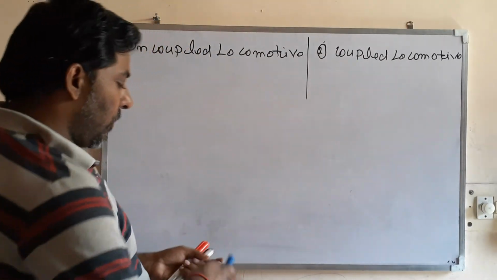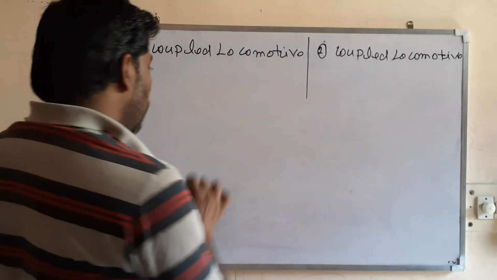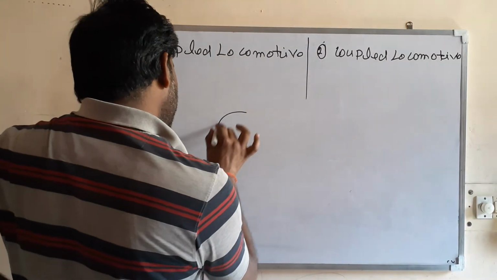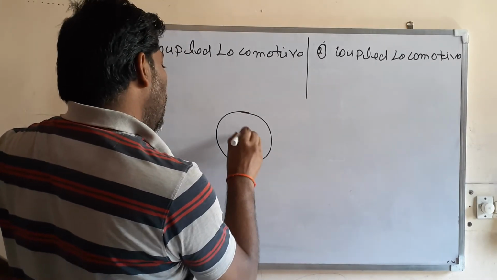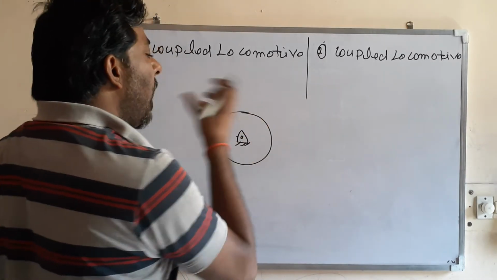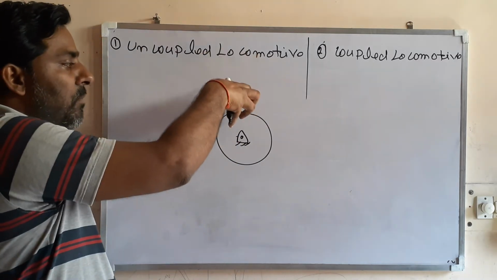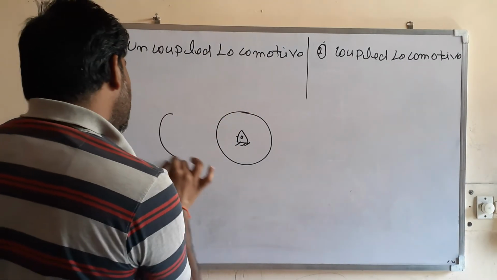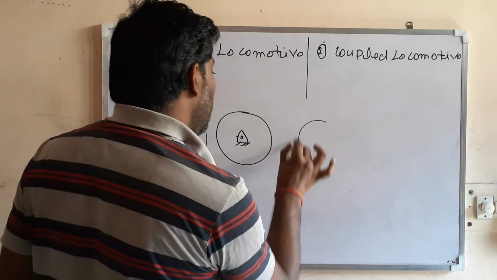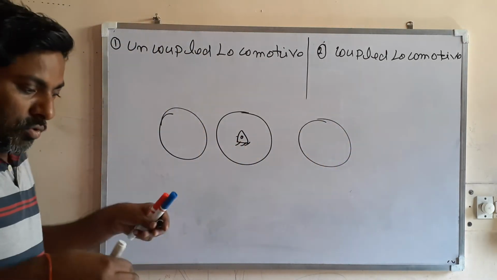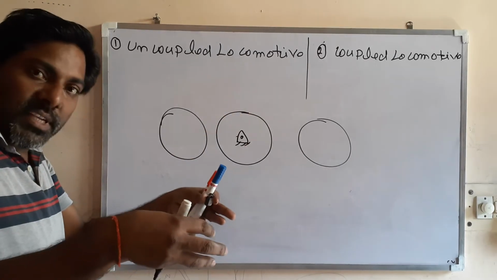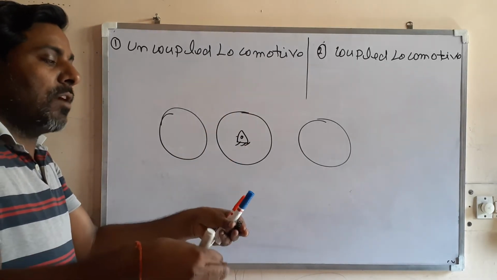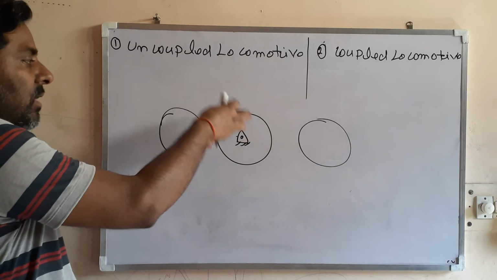So what is the coupled locomotive? Suppose this is the driving wheel and this wheel is getting the power. So the cylinder is only at the driving wheel, and there is another set of wheels here and here. So power is given from the cylinder, from the engine, only at one set of wheels.